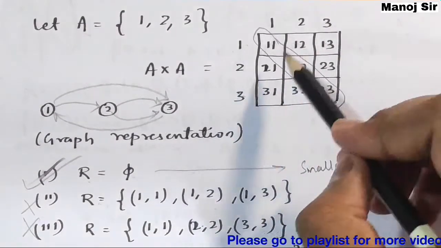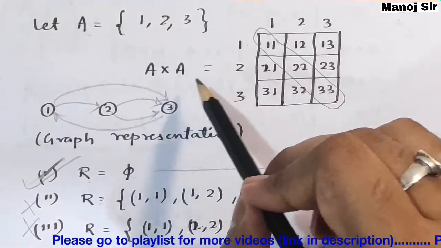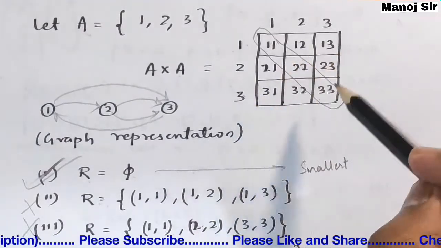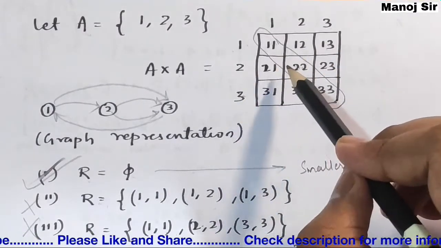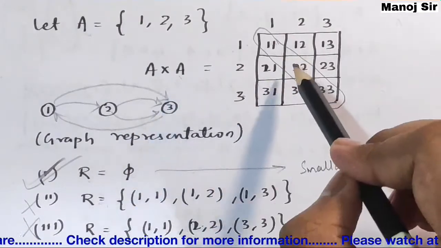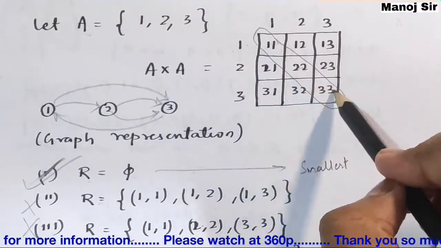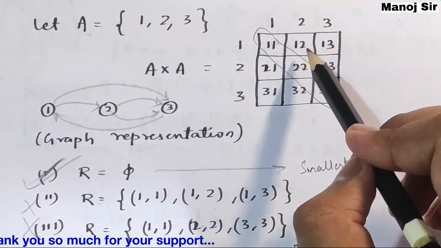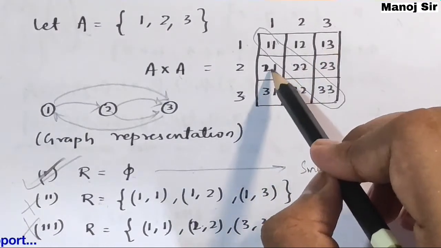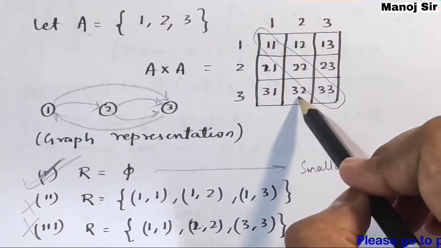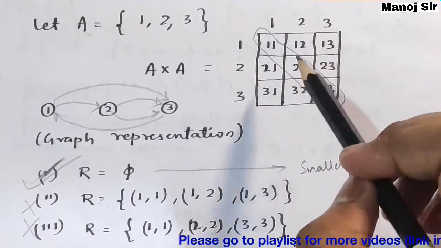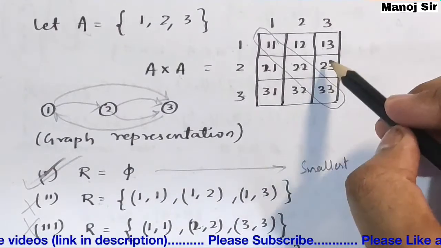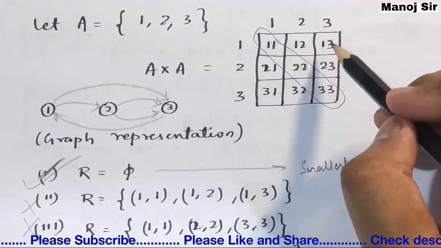Now what is the maximum possible irreflexive relation? If you see this matrix form, the Cartesian product A cross A, here we have a total of 9 elements. If you remove the diagonal pairs, then the rest of the pairs, that is 1 2, 1 3, 2 1, 2 3, 3 1, 3 2, are my non-diagonal pairs, which are not reflexive pairs.